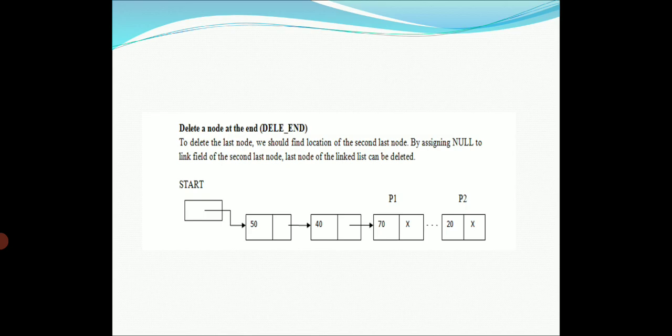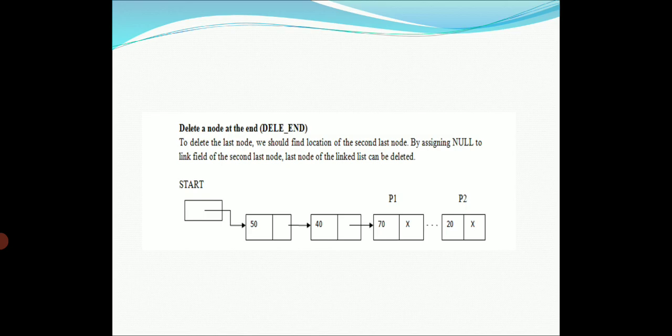In the diagrammatic representation, start contains the address of the first node, and the linked list contains four nodes: 50, 40, 70 and 20. First we have to find the second last node. Tracing, the first node is 50, the second is 40, and the second last node is 70, which is named P1. The last node is 20.